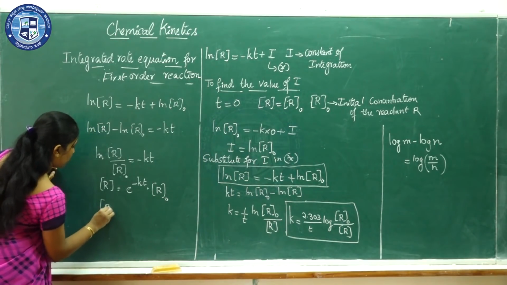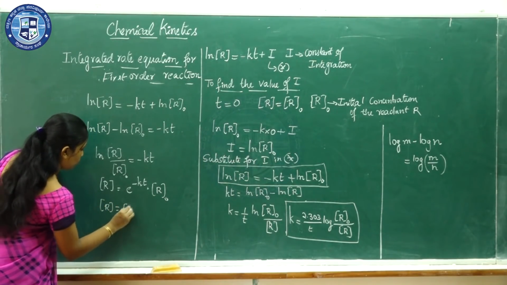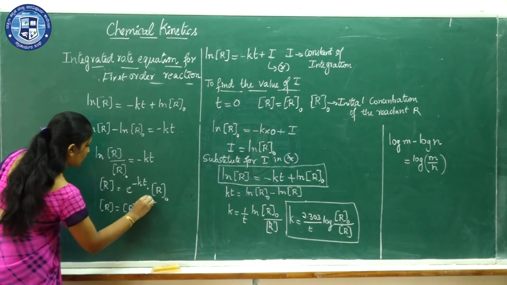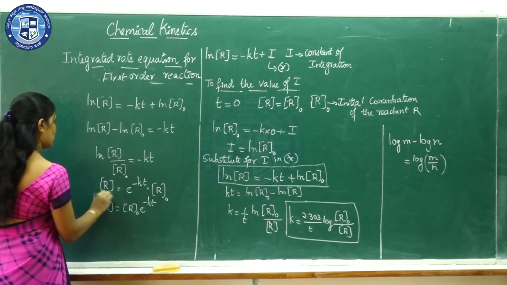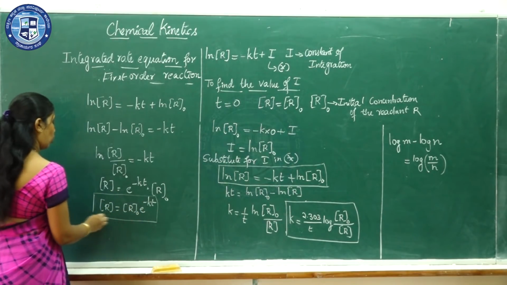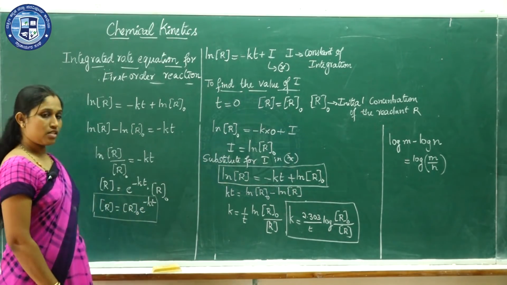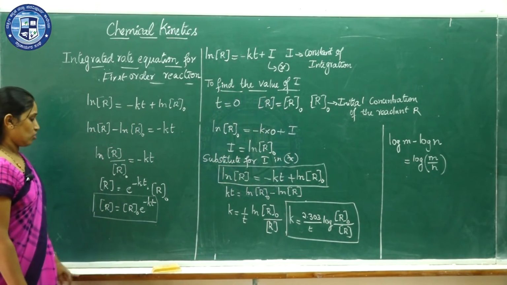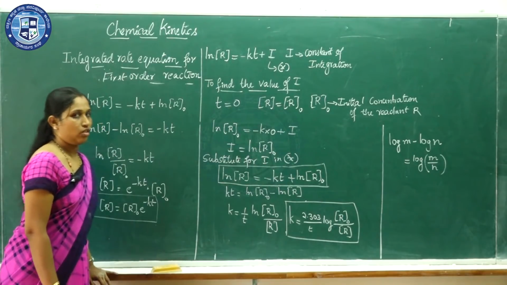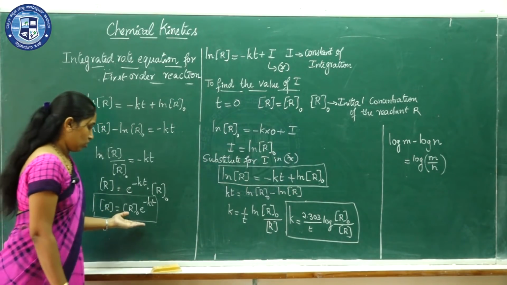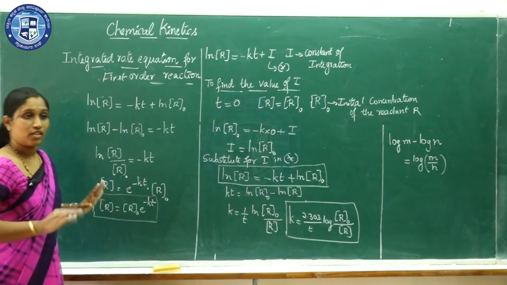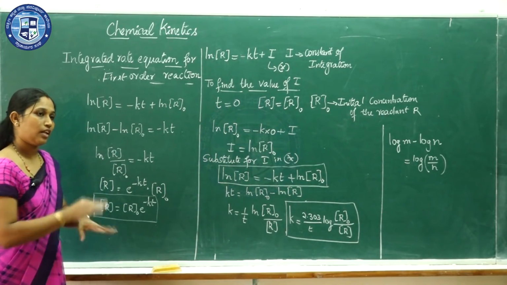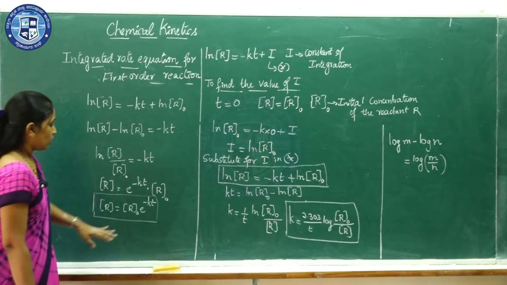So just write it finally like this: R is equal to R naught e to the power minus kT. This is another form of the first order integrated rate equation. You can observe that it is exponential. So what you can infer from this is that first order reactions are never complete. They will be occurring and they are never complete.